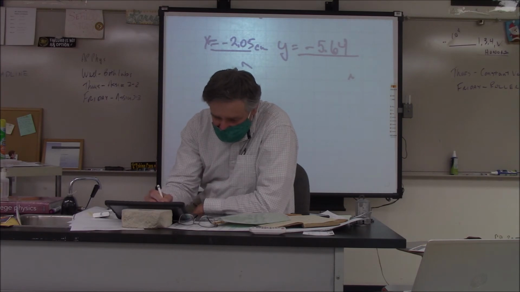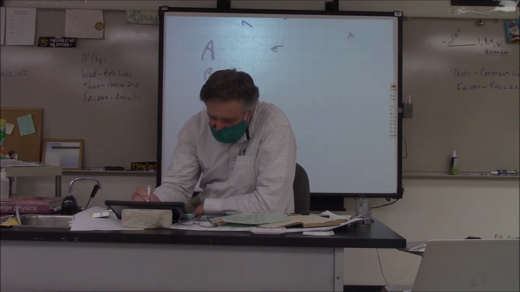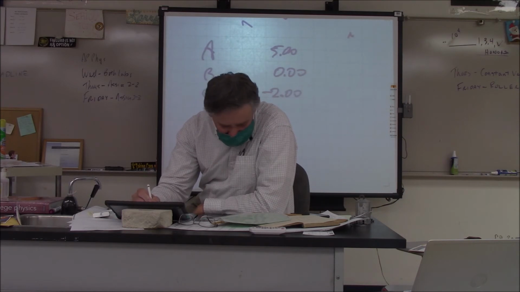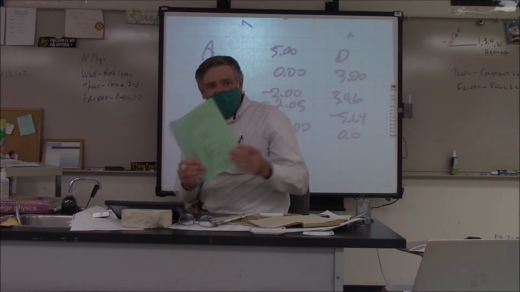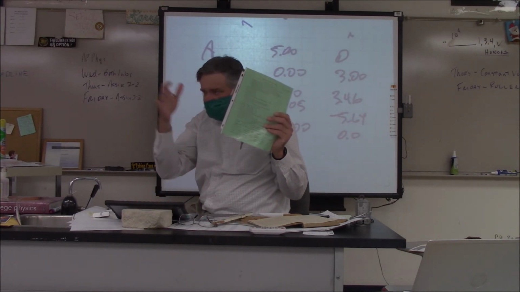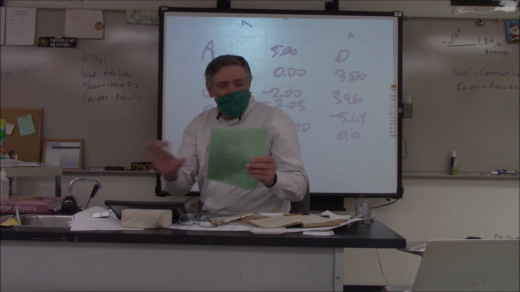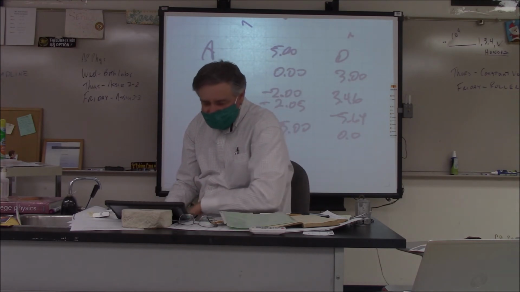So you got A, B, C, D, E. You should go 5, 0, negative 2, negative 2.05, and negative 5, and you should go 0, 3, 3.46, negative 5.64, and 0. So this is what you should have on this bottom section for the x and y components. Cool with this? Okay.